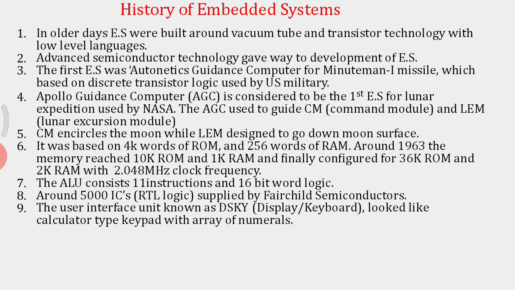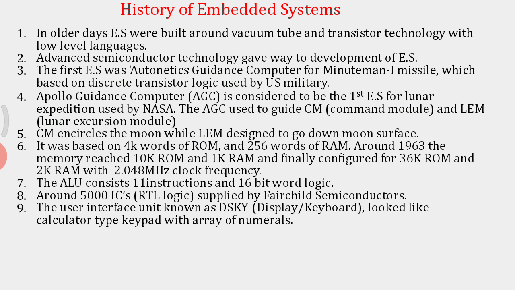These are the two modules used in a satellite. The command module encircles the moon, while the lunar excursion module is designed to go down to the moon surface. So these two modules are basically used in a satellite for reading the moon environment.